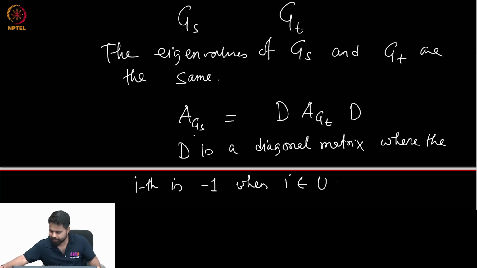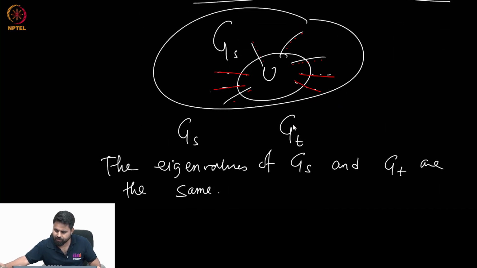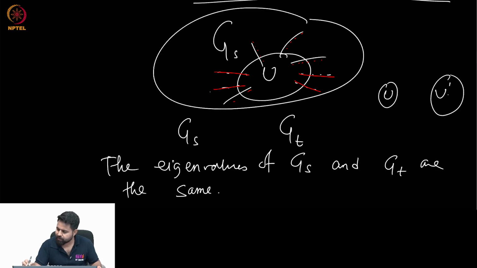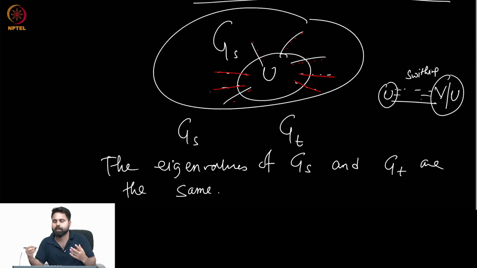Let me write it separately. So this is U, and this is V minus U. These are where the switching is done. Some edges will be positive, some minus, and switching just flips the sign.